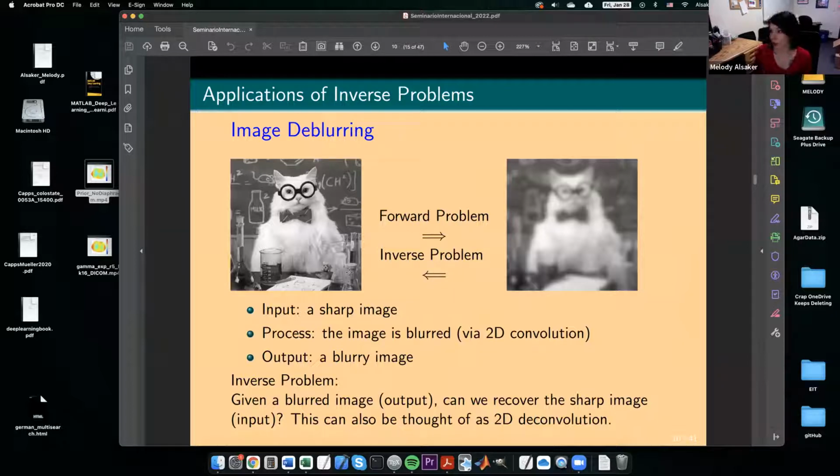So the image deblurring problem, as simple as this problem seems at first glance: you have a blurry image and you want to go backwards and recover what the sharp image was, the input that went into that. It's very easy to take a sharp image, apply a convolution filter and make it blurry. But once you've got that blurry image, can you ever really recover exactly what that sharp image was?